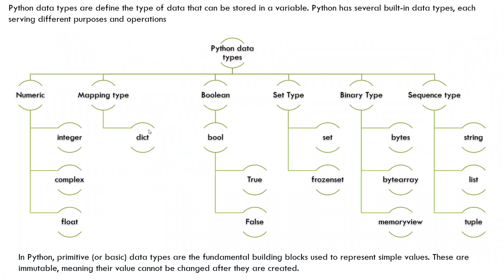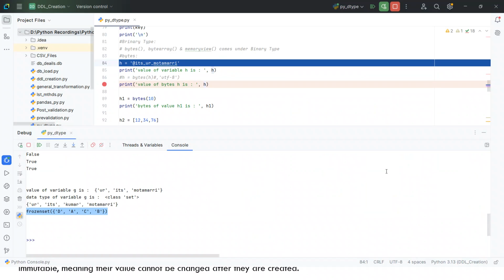Now coming to the binary types. For the binary types we have bytes, bytearray, and memoryview. Bytes means zeros and ones, like binary numbers, which the machine can understand, what we call machine language.